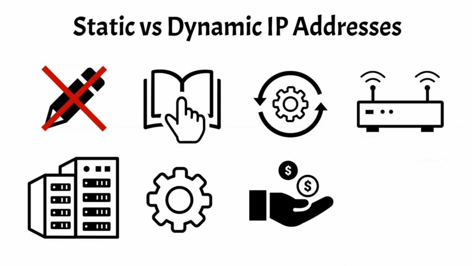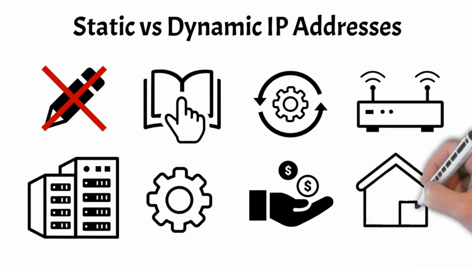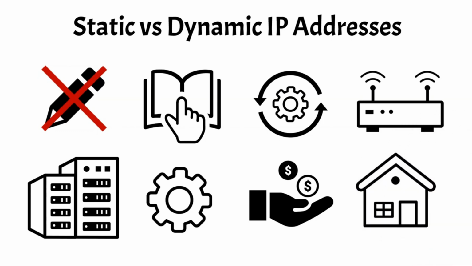This flexibility is suitable for typical home users or devices that do not require a permanent address. Understanding the differences between static and dynamic IP addresses is essential for configuring networks and ensuring stable and efficient connectivity. Static IPs are preferred for applications needing constant access points, while dynamic IPs are practical for general use where ease of management and cost savings are prioritized.